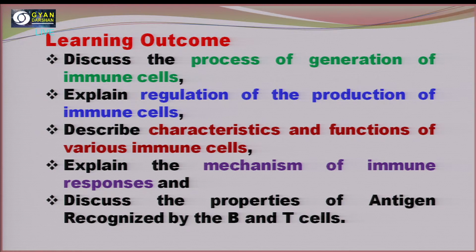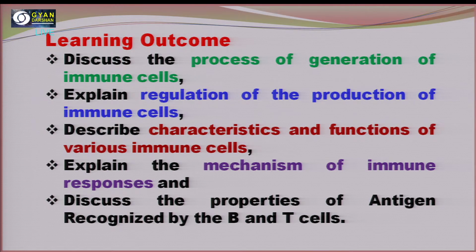You will be able to explain the regulation of the production of immune cells, and you will also be able to discuss the characteristics and functions of the various immune cells, like T lymphocytes and B lymphocytes.